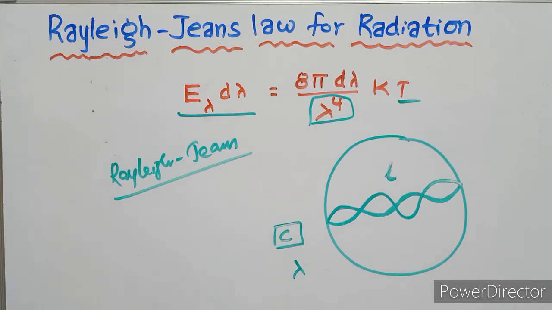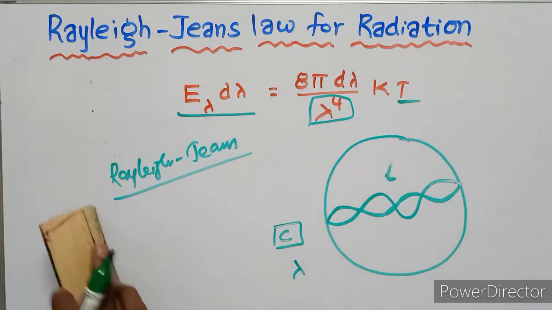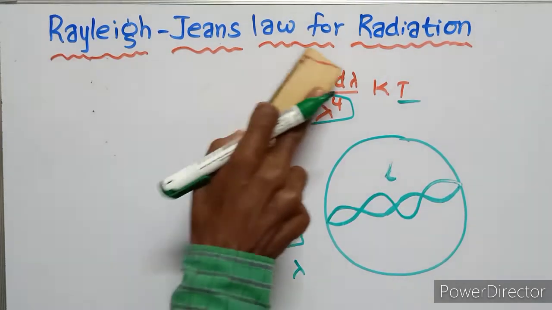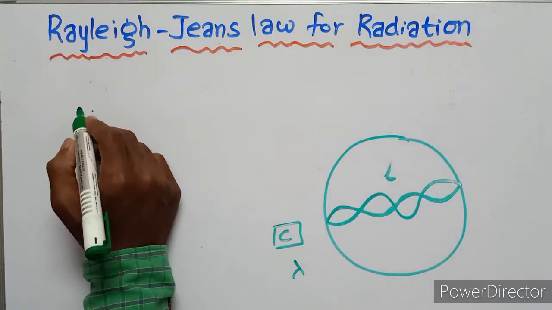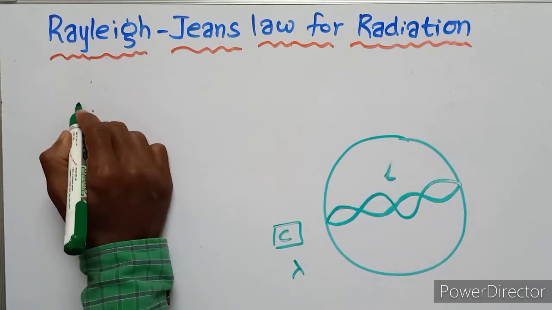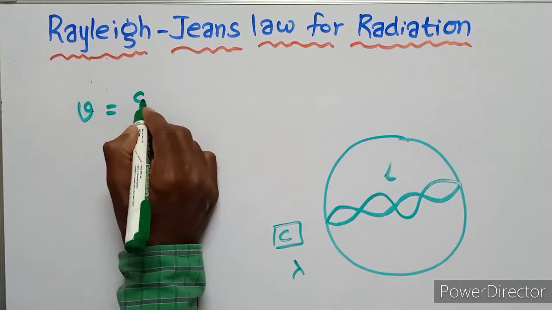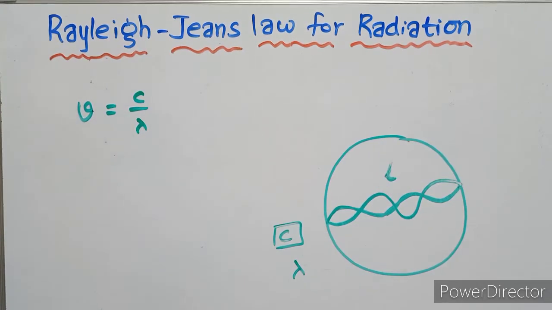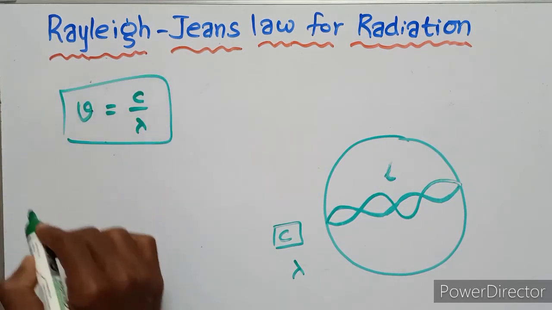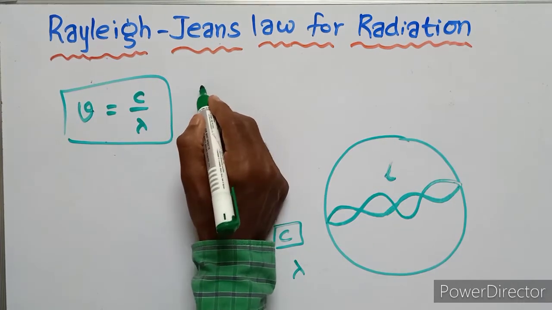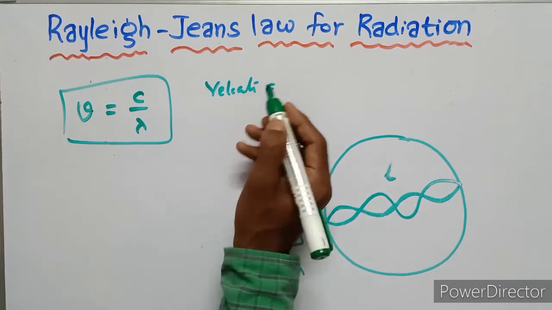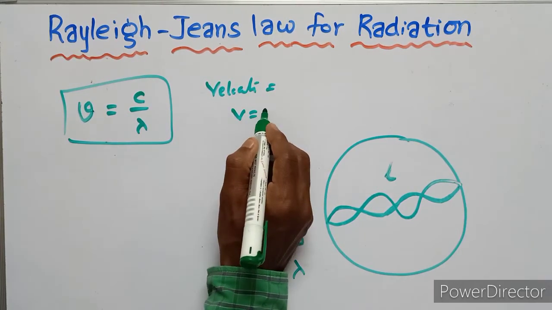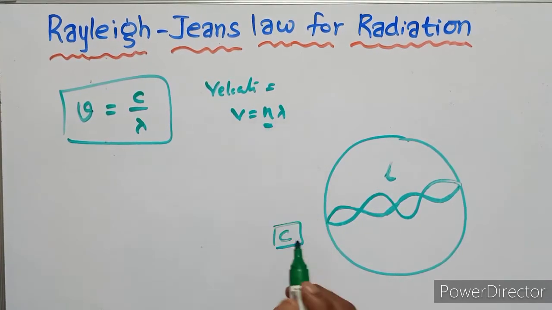First of all, the frequency of overtone is given by what? Frequency nu is C upon lambda. This formula is derived from the general velocity equation, V equals n lambda, where n is the frequency.